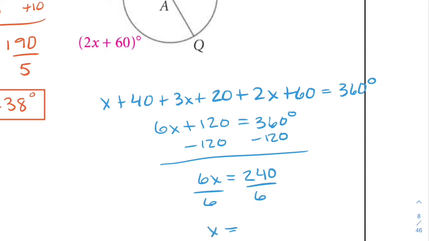So x should be equal to 40. And we can check our work. 6 times 40 plus 120 is equal to the 360. So we are good. I think those are the only problems.